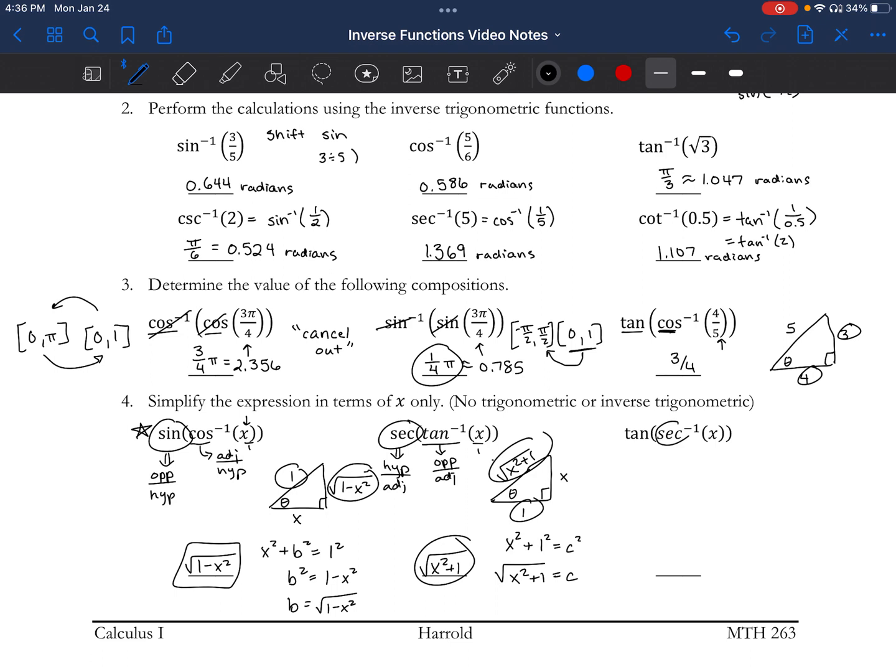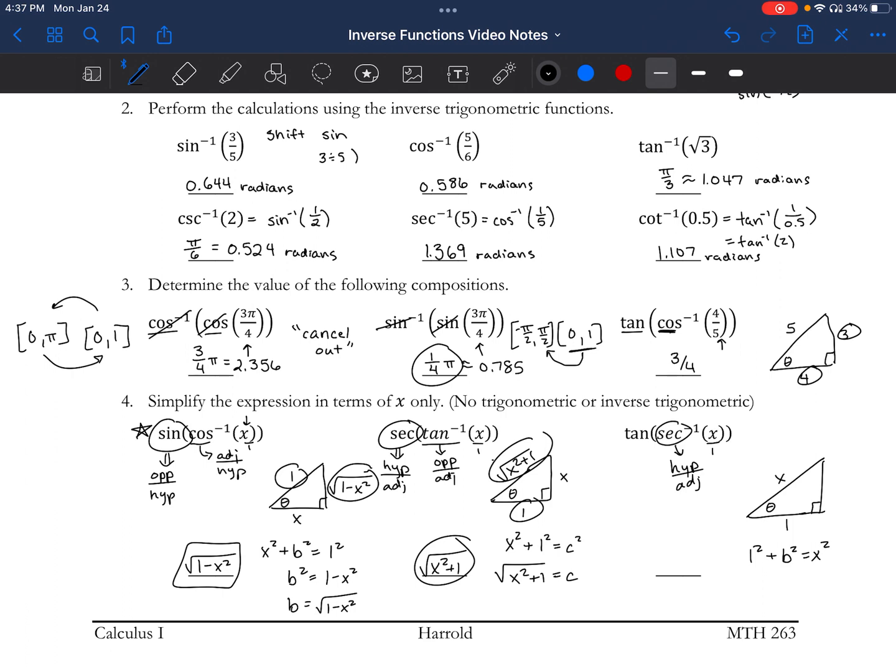Again, secant uses hypotenuse over adjacent, and I'm going to treat this as x over 1. In this case, x is my hypotenuse and 1 is my adjacent side. So now my triangle is all the way backwards from what I started with, and we write 1 squared plus b squared equals x squared.